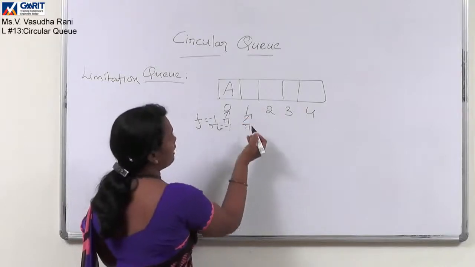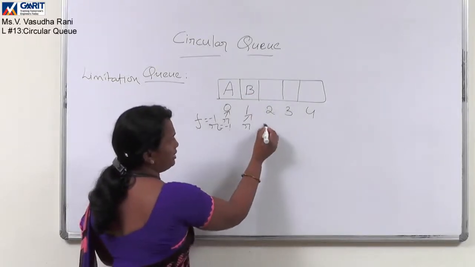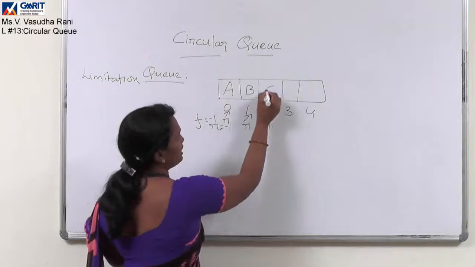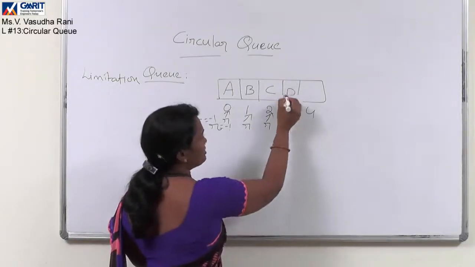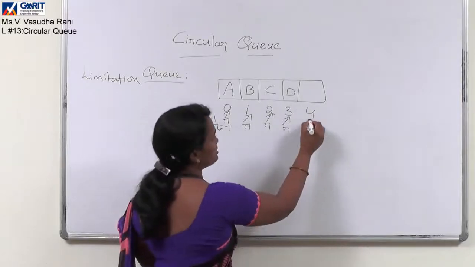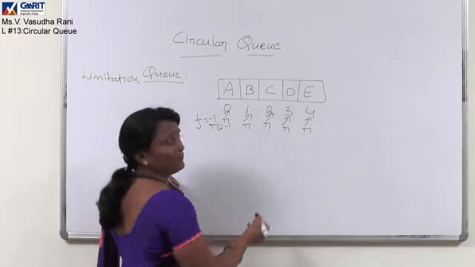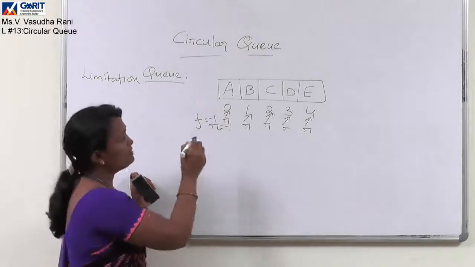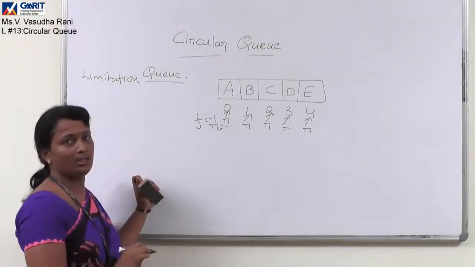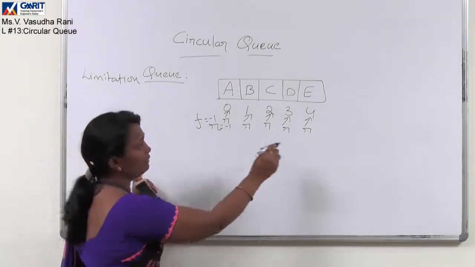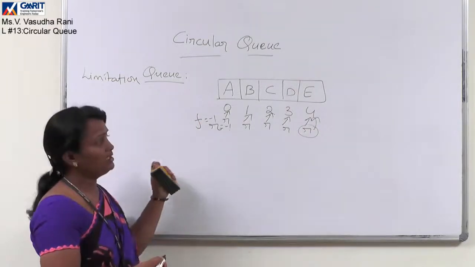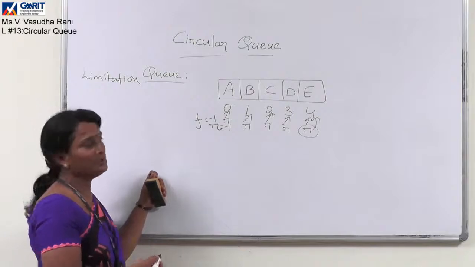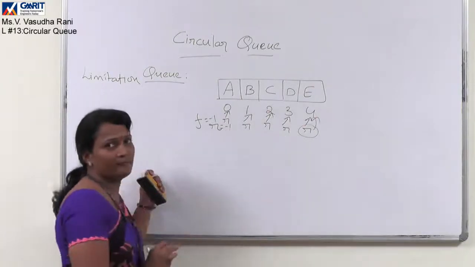Then rear refers to 1, we insert the second element, then rear refers to 2, the third element, rear refers to 3, the fourth element, and rear refers to 4, the fifth element. Once the rear reaches the last position, this is the queue full condition and our queue is full.